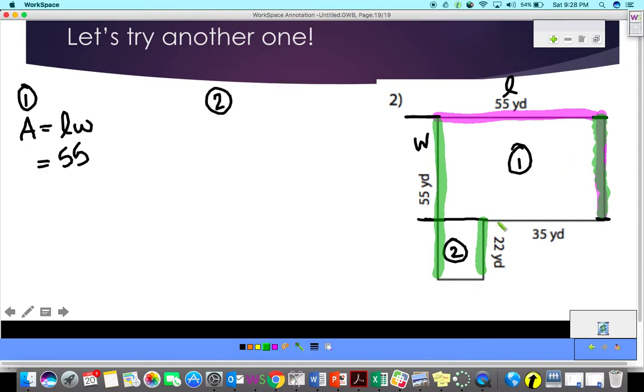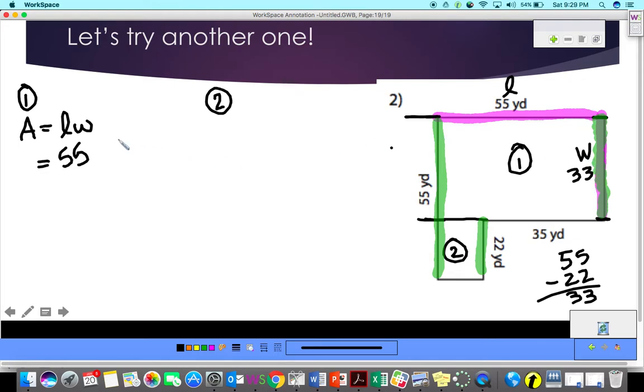If I have 22 and 55, and I know this is the length that I'm looking for, this W piece over here, it's the same as it would be if I moved it over here, I know this piece is shorter than this piece. So what math does that mean I have to do? If it's shorter, it means I have to subtract. So I'm going to take 55 minus 22 and get 33 as my width.